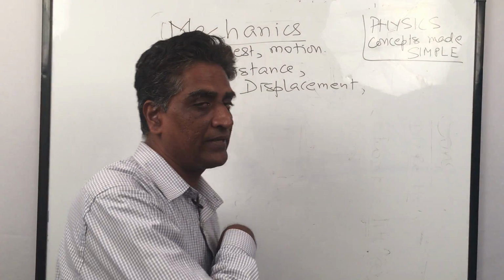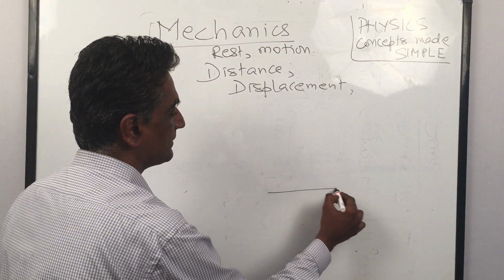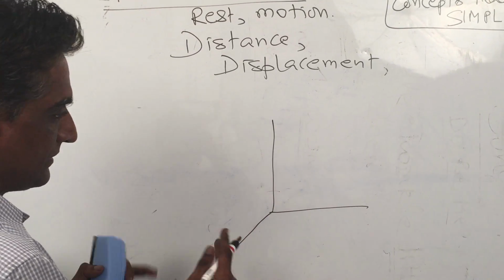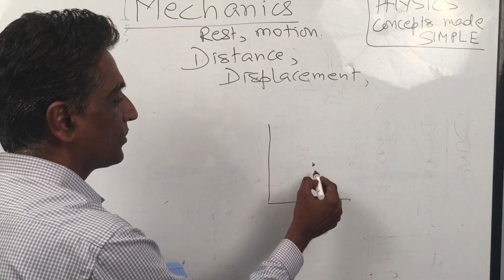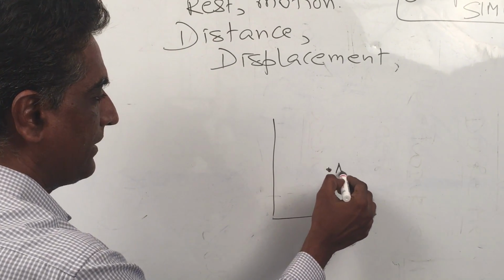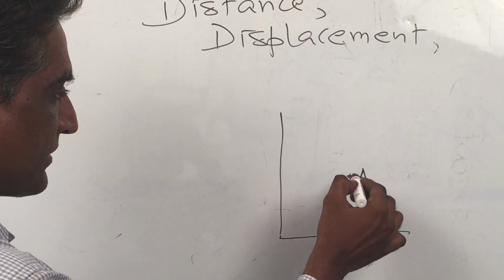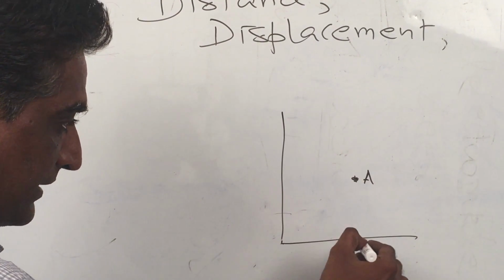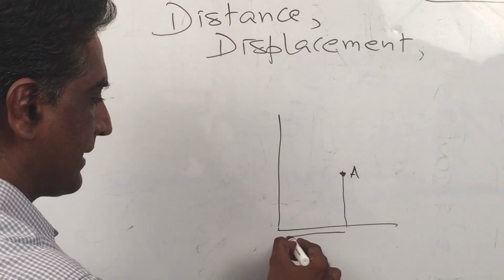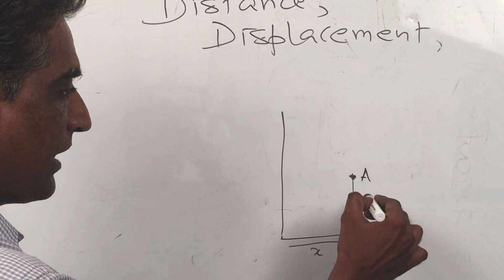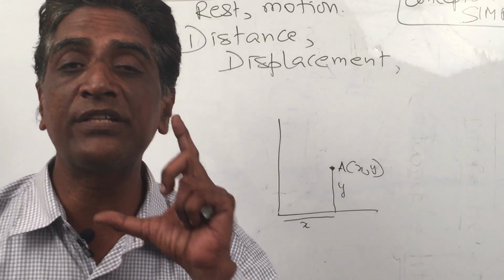We can have a reference frame like this. This is the x-axis, this is the y-axis, and let's make it two-dimensional just for clarity. This body A, we can call it a point mass. It is at rest if its coordinates, this is the y coordinate and this is the x coordinate, are not changing.